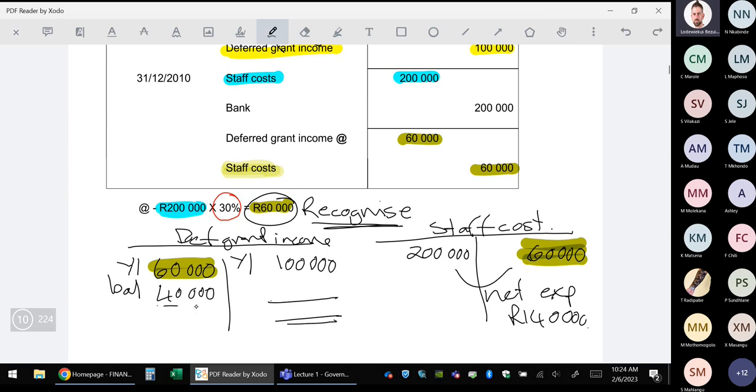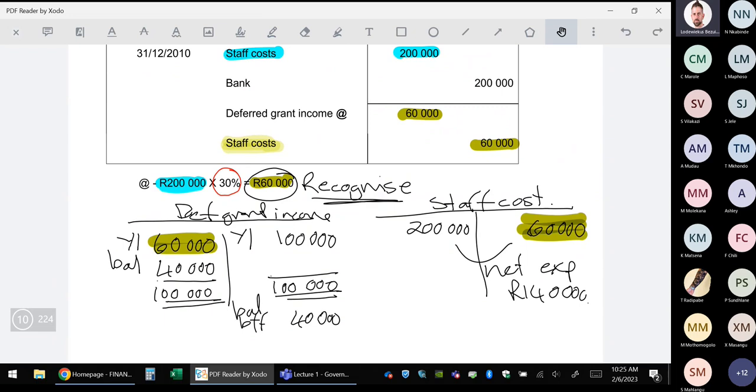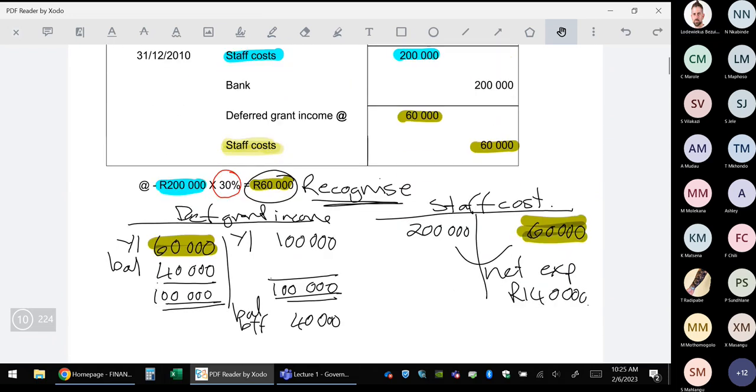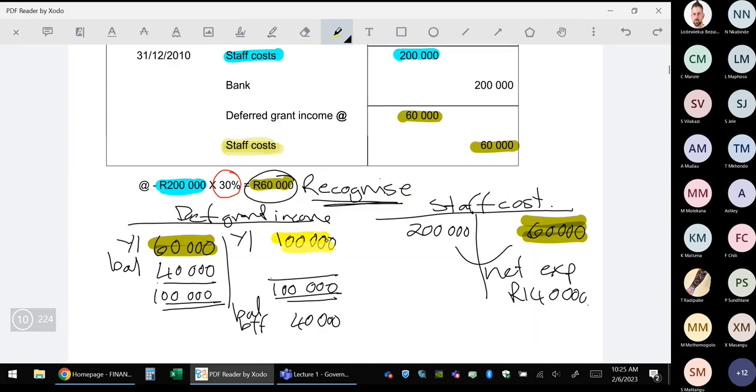So if we balance the account, it is 40,000. Okay, so you can see that we received a grant of 100,000. We used 60 of it in the current year. So the balance left on the deferred grant income for the next year is 40,000.